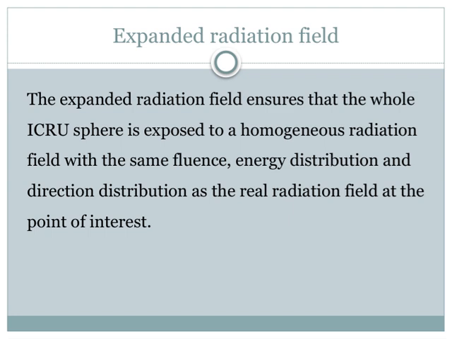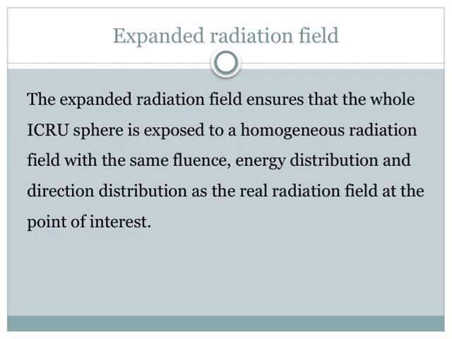By expanding the field in this way, we can better simulate and analyze the radiation environment, making our measurements more accurate and representative of real conditions. This approach is crucial because it helps us achieve a homogeneous exposure, which is essential for precise dosimetry and radiation quality assessments. Overall, the expanded field concept allows us to mimic the real radiation field more effectively, providing a reliable basis for our evaluations.